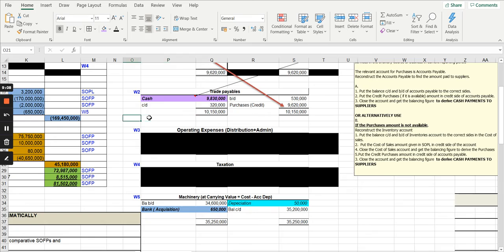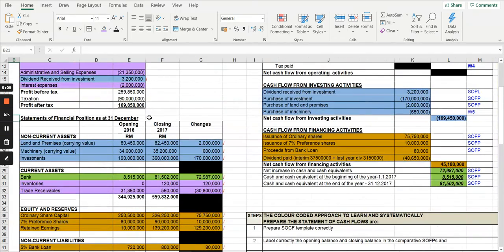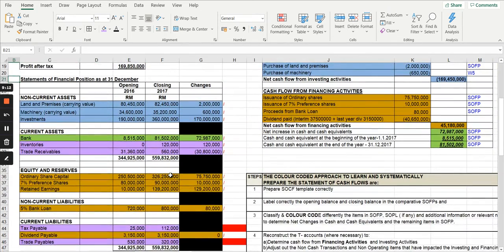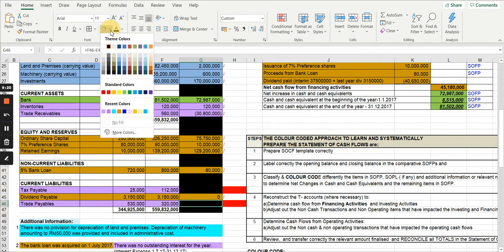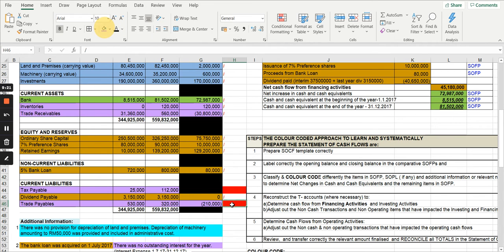So again, you go to the trade payable in the statement of financial position, the comparative statement. You have already investigated what caused the changes, and therefore you are done with cash payments to supplier.